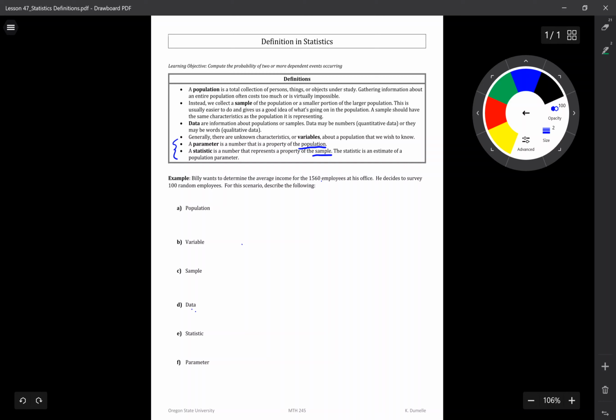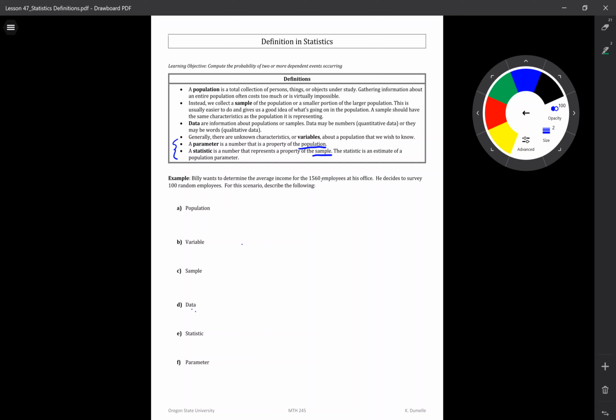So we have to be careful to differentiate those two things. The statistic is an estimate of the population parameter. Since the statistic is only the property of the sample, it's not guaranteed to be totally accurate of the whole population. But if we pick our sample well enough, then it can be really close.